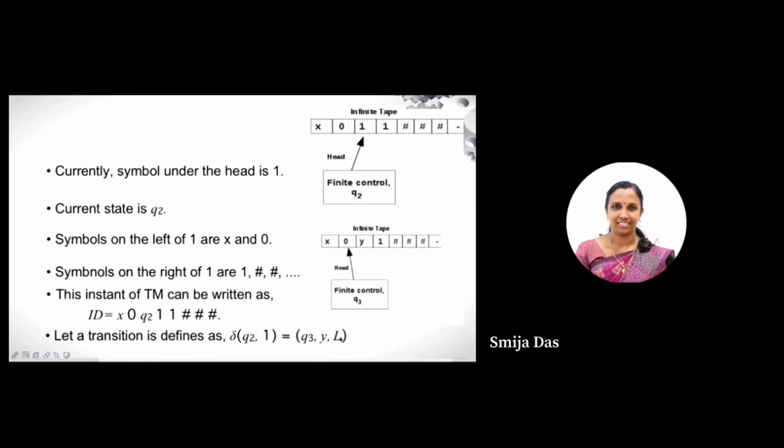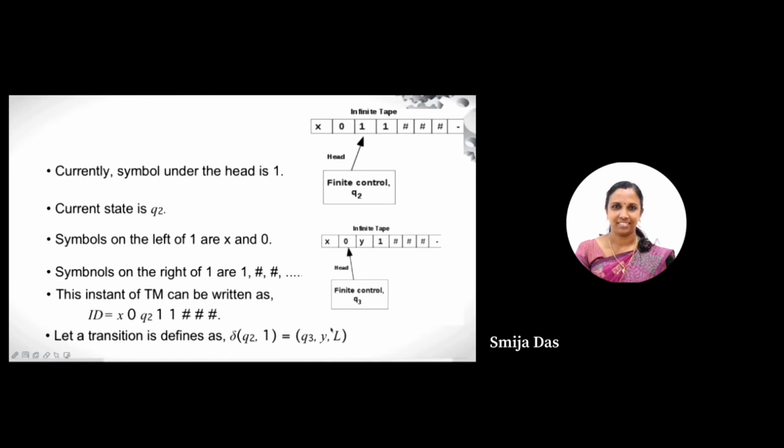We can represent this transition function or the configuration like this. After this first instant, during the second instant, the Turing machine will be like this.